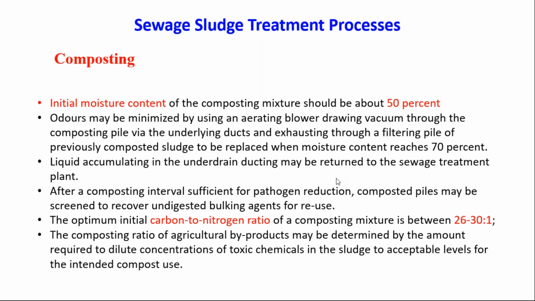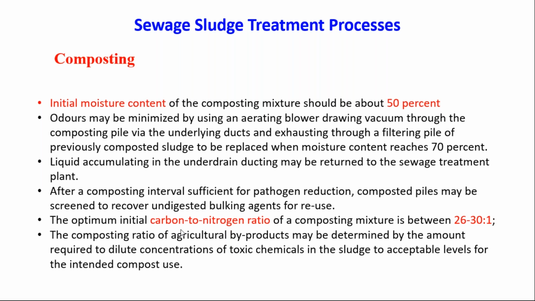So after composting, with sufficient time for pathogen reduction, composted piles may be screened to recover the undigested bulking agents for reuse. So after digestion or after composting, we can separate out the different size composting materials.